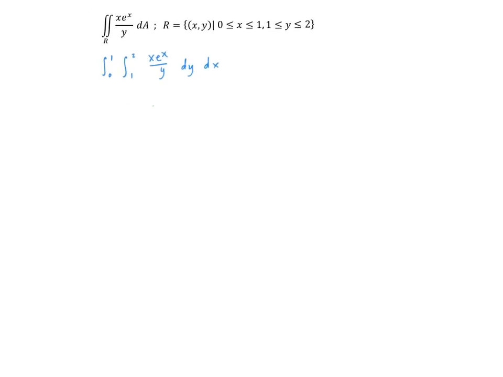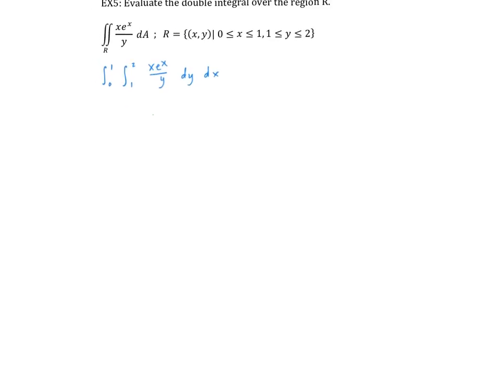Something that I want to bring to your attention is that since this is essentially x e to the x times 1 over y, and remember I'm treating the x e to the x as if it were a constant, like a number, like say 3. On this particular problem, I am going to pull that x e to the x out, treat it as if it were a constant, and then just integrate the integral from 1 to 2 of 1 over y dy.